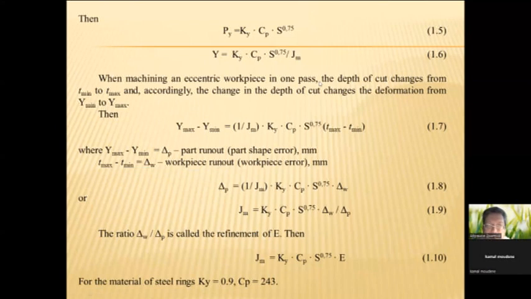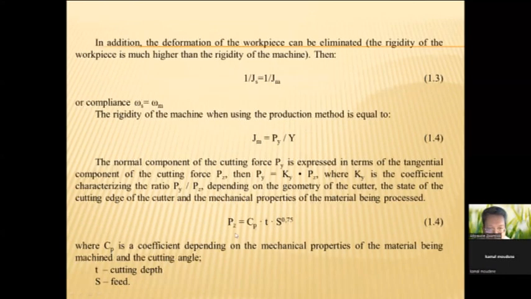Then we use the formula 1.5. We know P suffix z, and we know that P suffix y is equal K suffix y multiplied by Pz.